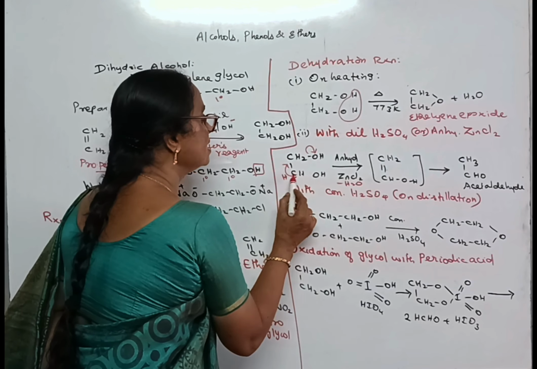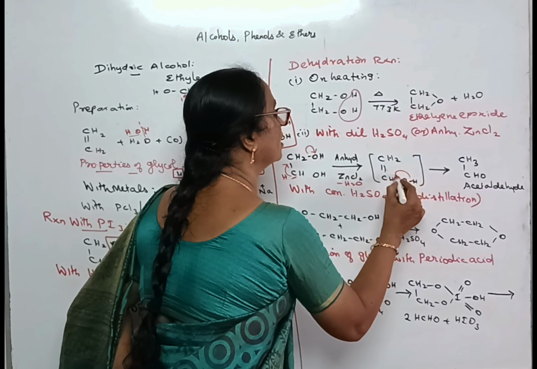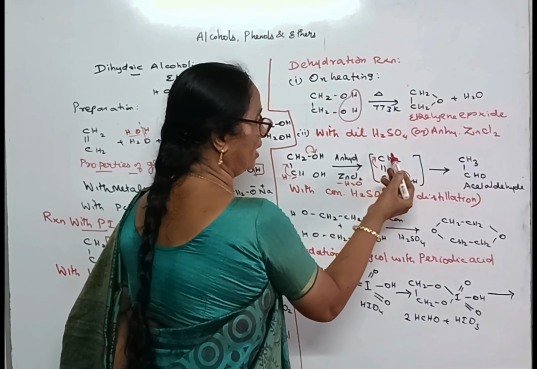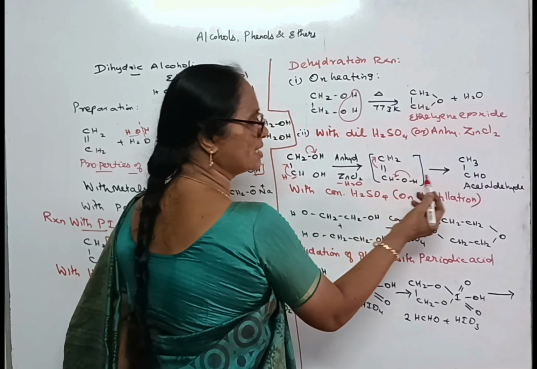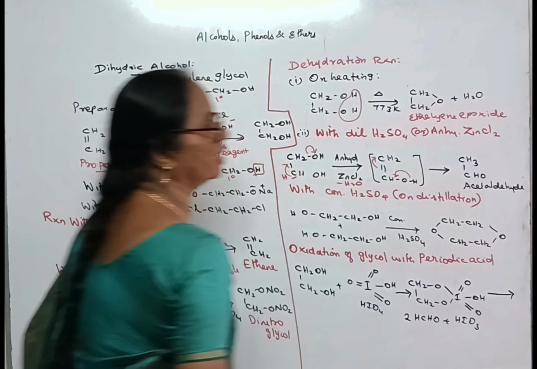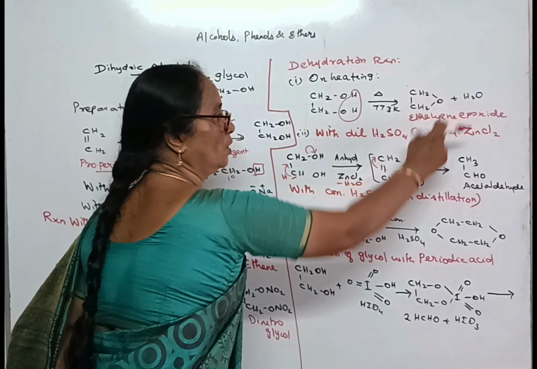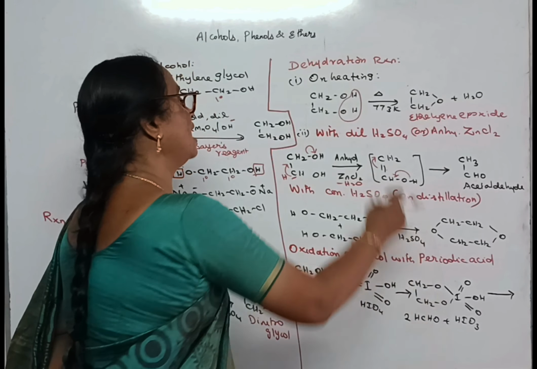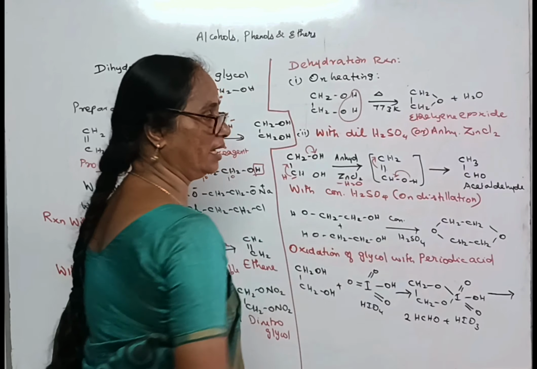So we have CHOH, and it undergoes rearrangement this way. We get CH3 single bond CH double bond O, that is CHO, so acetaldehyde is formed. So ethylene glycol on heating is converted to ethylene epoxide, and with anhydrous zinc chloride or dilute sulfuric acid, it forms acetaldehyde.